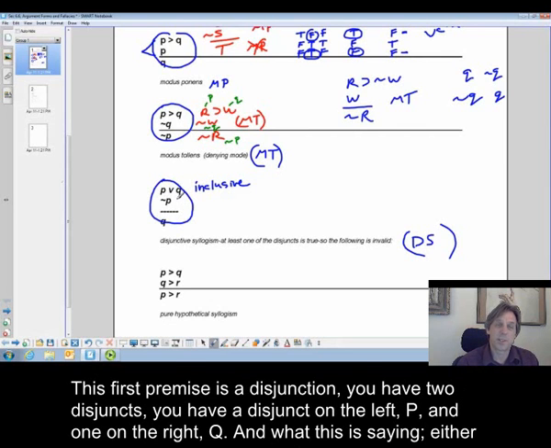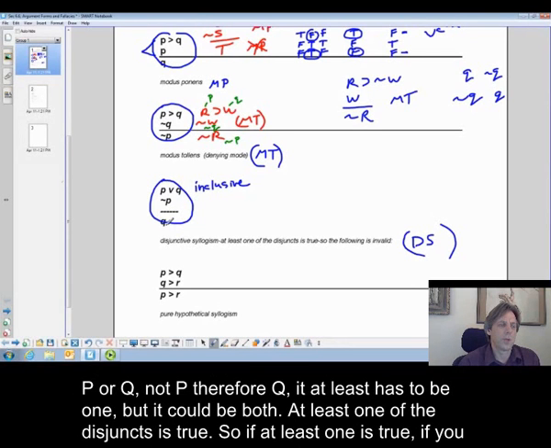This first premise is a disjunction. You have two disjuncts. You have a disjunct on the left, P, and one on the right, Q. And what this is saying, either P or Q, not P, therefore Q, it at least has to be one, but it could be both, okay? At least one of the disjuncts is true.